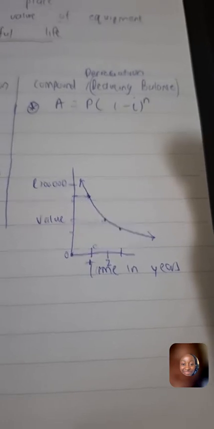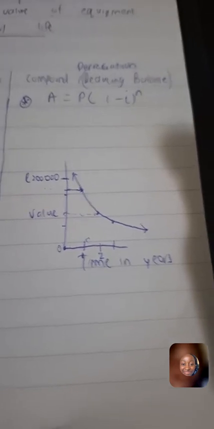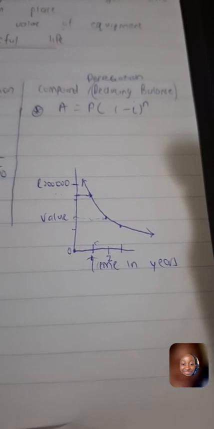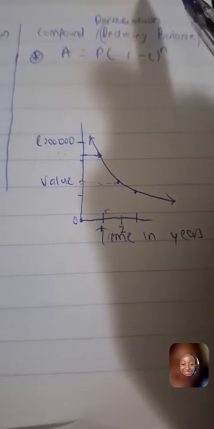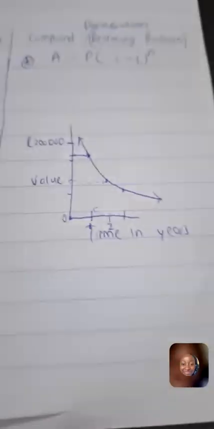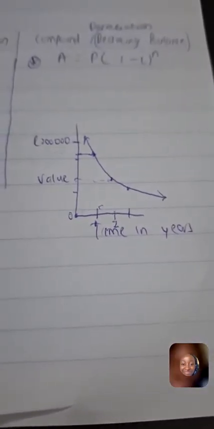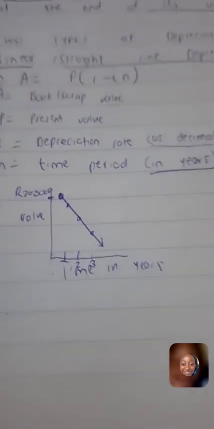But I still don't understand how come this one curves, but they both decrease. How does compound depreciation decrease in a curve like that, while simple depreciation decreases in a straight line, even though they're both decreasing?